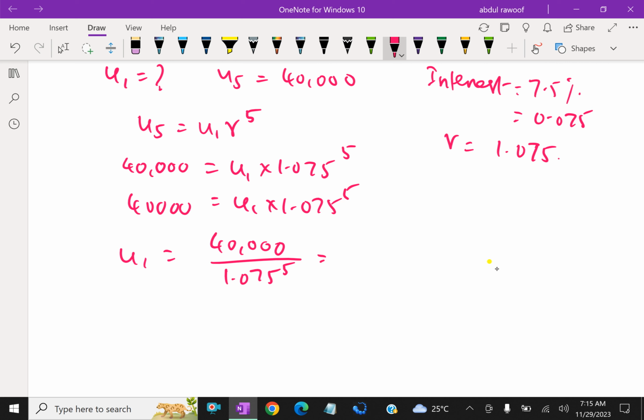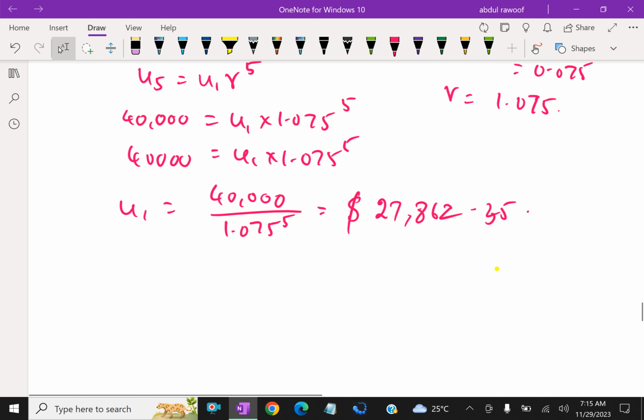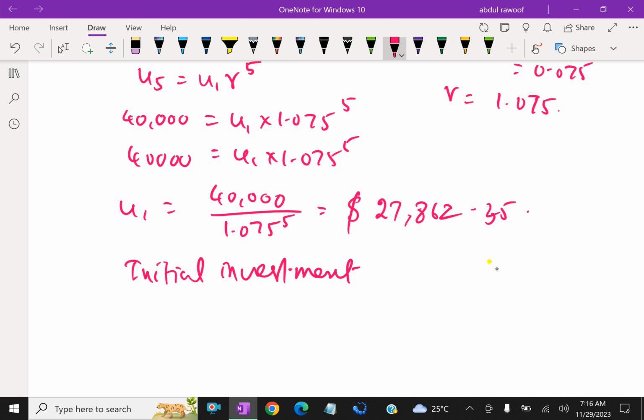By using a calculator, we get $27,862.25 or .35. Therefore, that is the initial investment you must make. At first you have to invest $27,862.35.